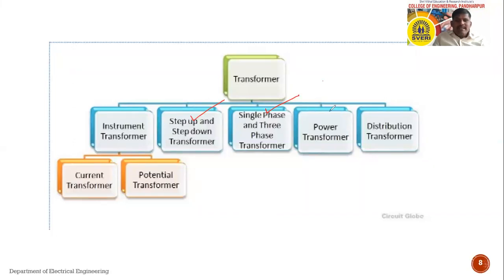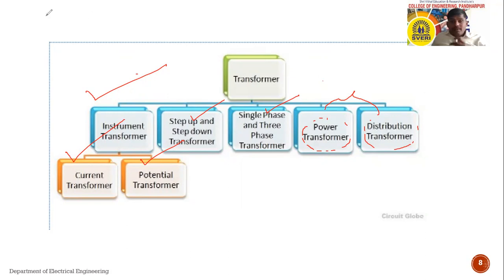According to application, there are power transformer and distribution transformer. And according to the measuring instrument, there are two types of transformer, that is current transformer and potential transformer, that is CT and PT. Now we will see one by one.